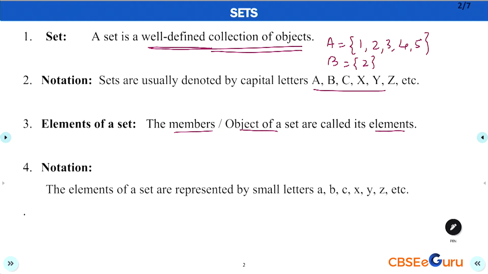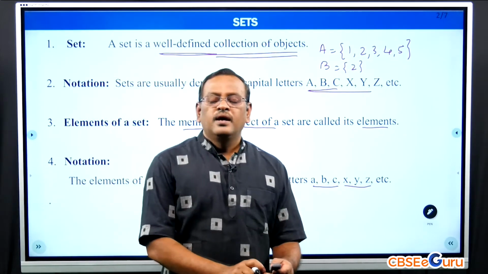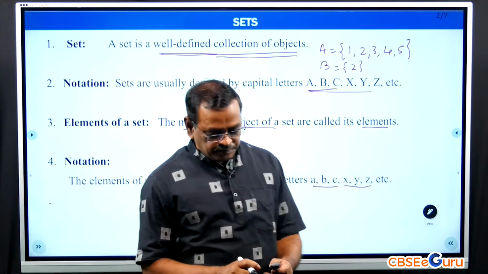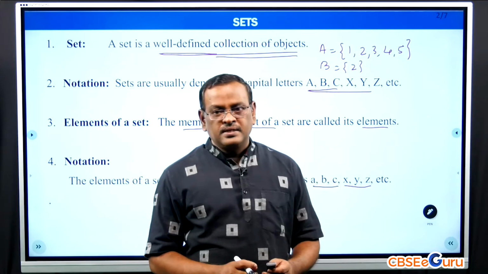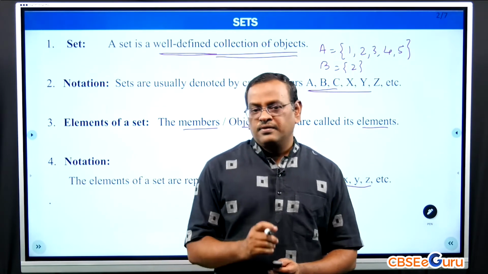So elements are nothing but members or objects of a set. The notation for elements or members is the same idea, but here it is capital letters and here it is small letters. Capital letters for set notation and small letters for elements notation. So this is the concept of set and notation of set, the definition of element and notation of element.